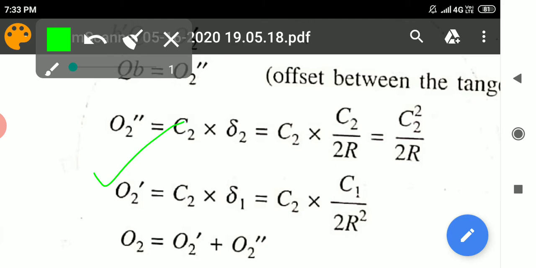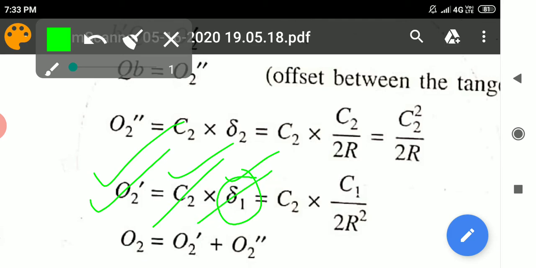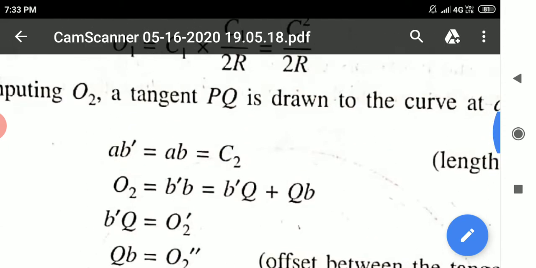O2 dash is nothing but C2 into delta 1. Already I told you, delta is nothing but C by 2R. The equation we have is O2 dash equals C2 into delta 1. I will show it in the diagram.